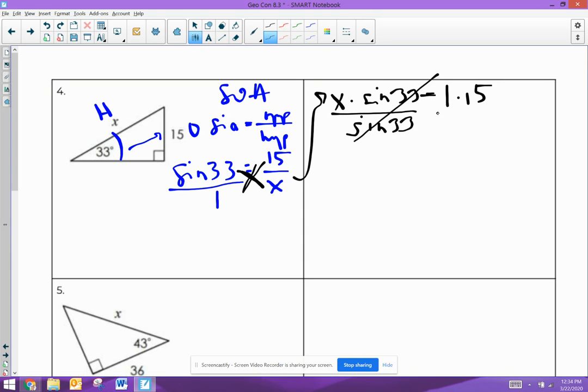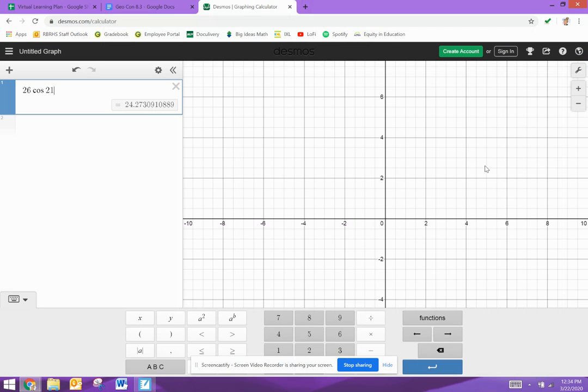So x equals 1 times 15 to get 15, divided by the sine of 33. So I'm doing 15 divided by the sine of 33.